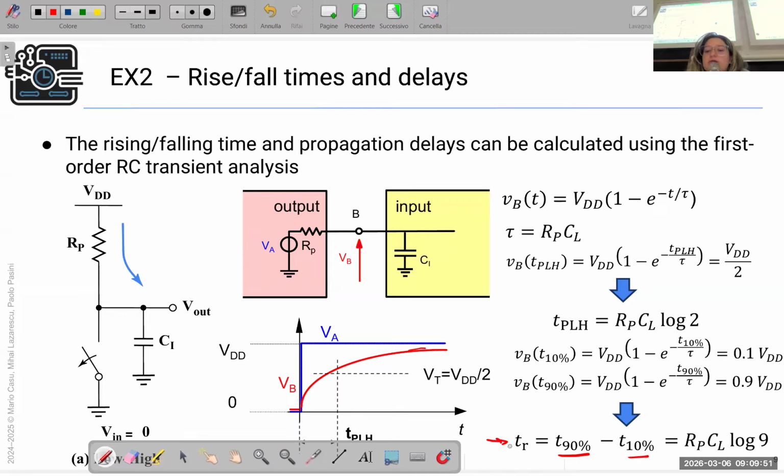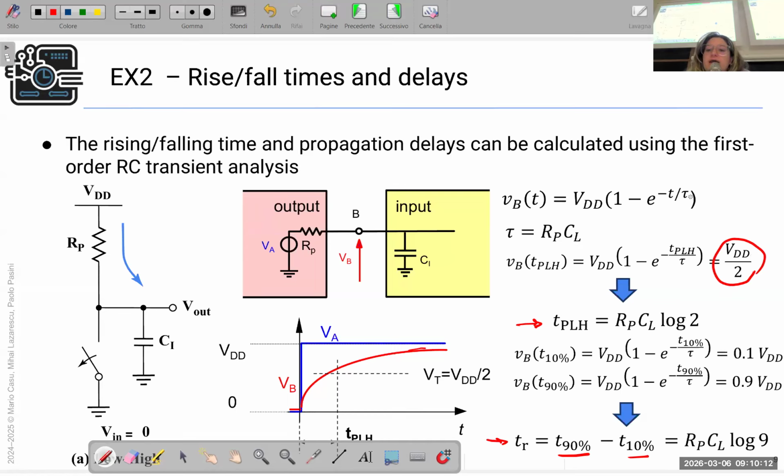The fall time is the opposite, and for the propagation delay, we have the value assumed when the voltage arrives at half of VDD, right? This is familiar to you?